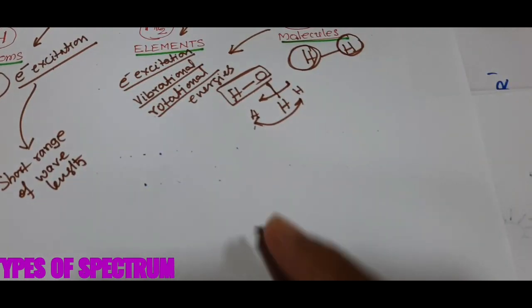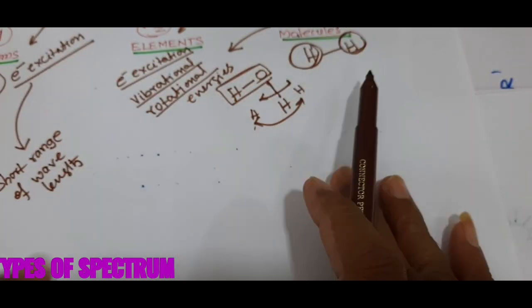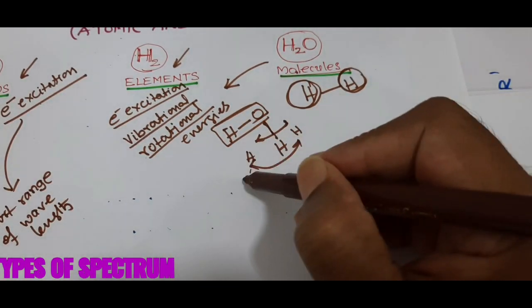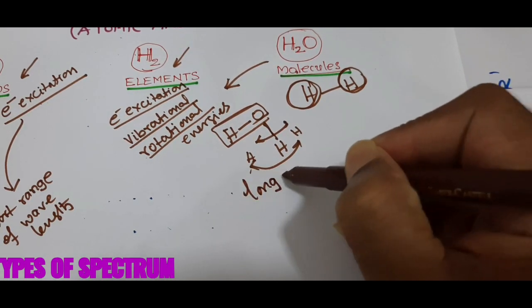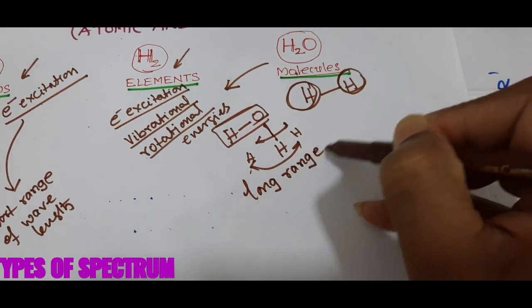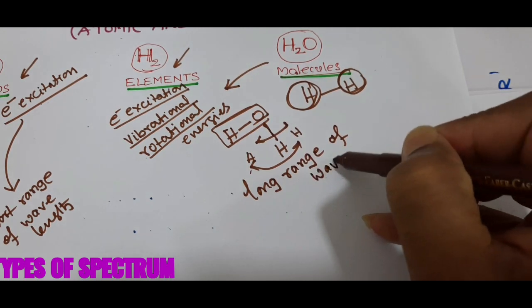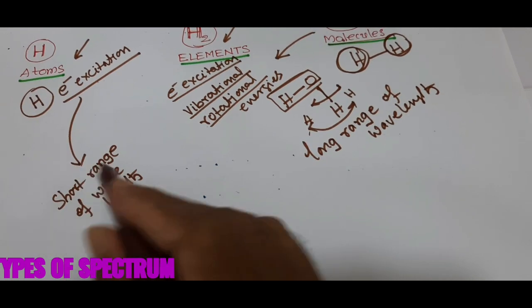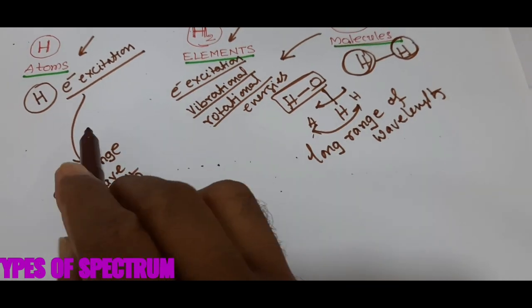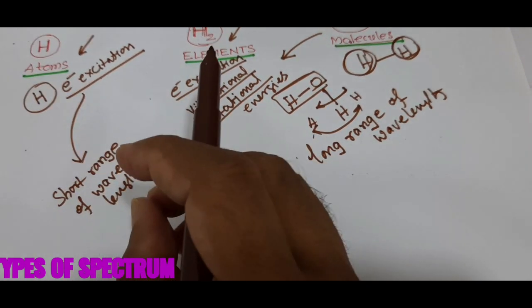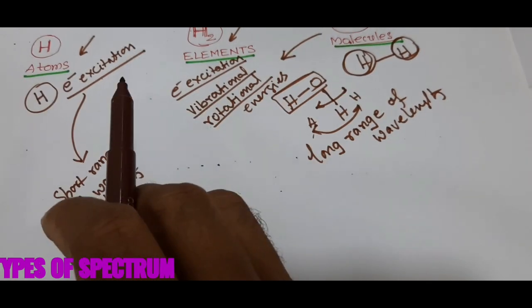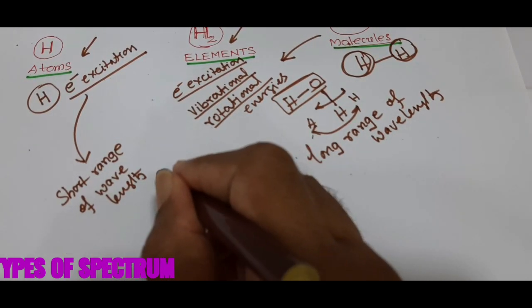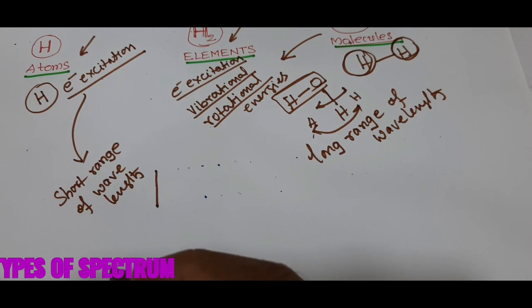Right? When you heat molecules, they release energy with a long range of wavelength, right? A short range of wavelength means, suppose it varies from 100 to 105 nanometers, then you get a spectral line like this, right?